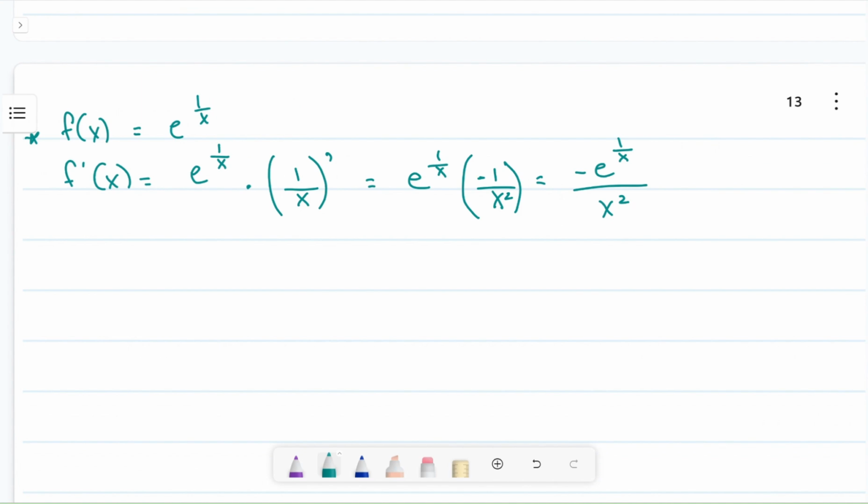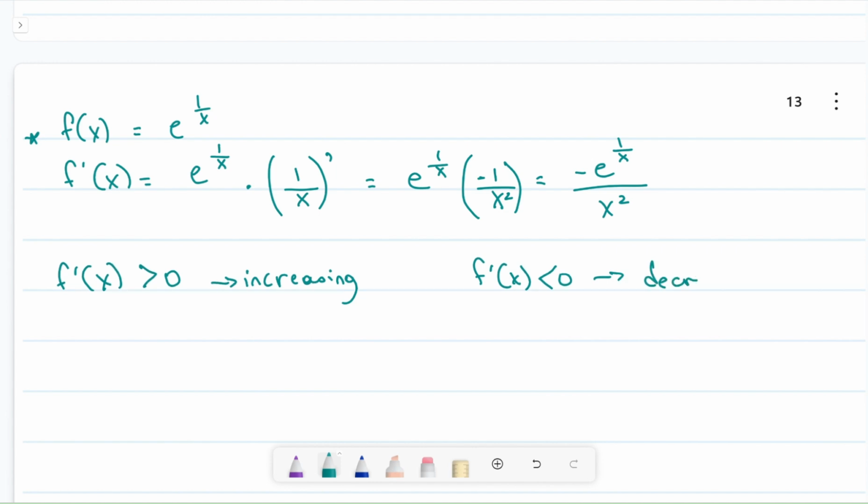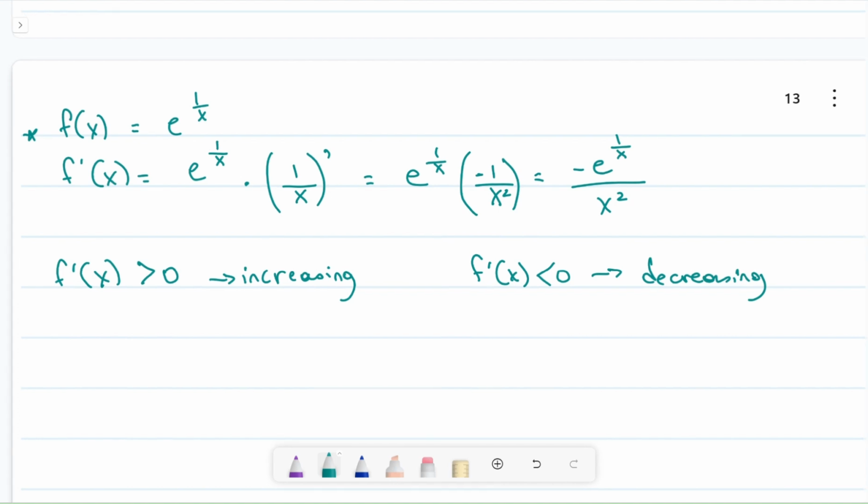So when is it increasing, decreasing? We said if the first derivative is greater than 0, then it is increasing. If the first derivative is less than 0, then the graph is decreasing. Now, when is the first derivative greater than 0? When is it less than 0? So let's find out.